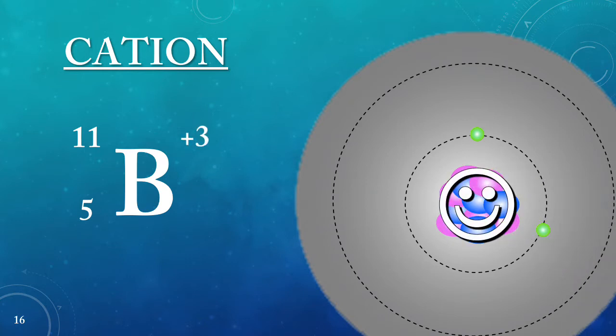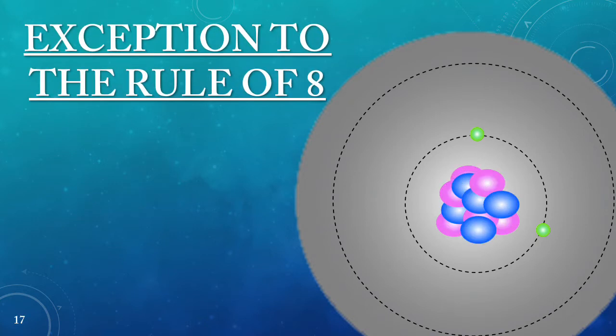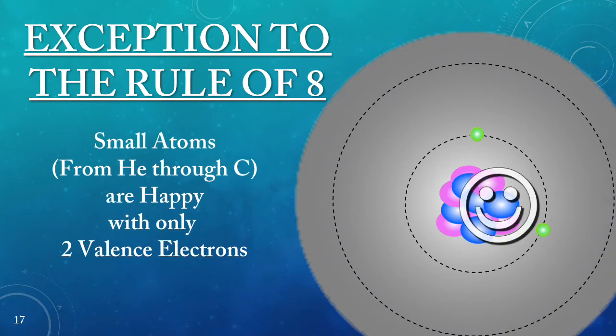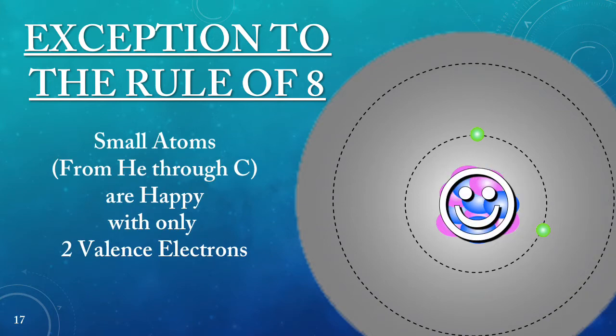It's going to be a cation, and it's going to be happy. Now, you'll say, well, wait a minute, it doesn't have 8 valence electrons. Well, there's always exceptions to the rule. Now, we have small atoms like helium through carbon. Boron falls in that category, that are happy with just 2 valence electrons.